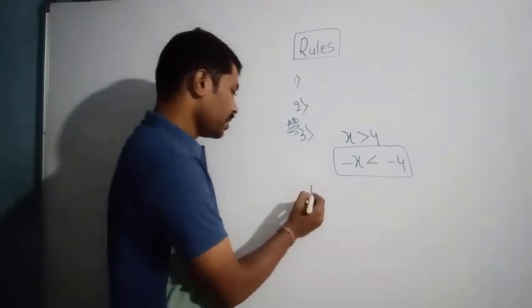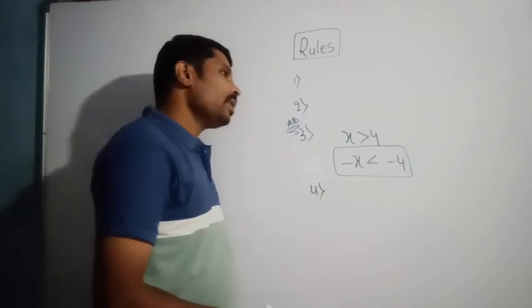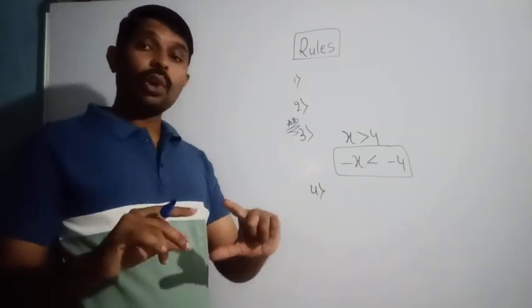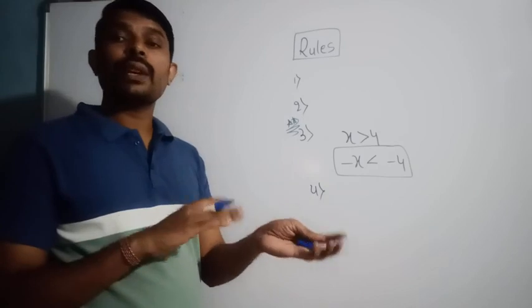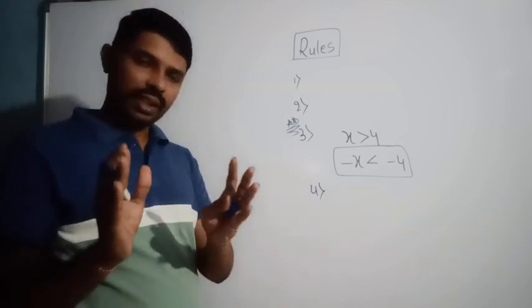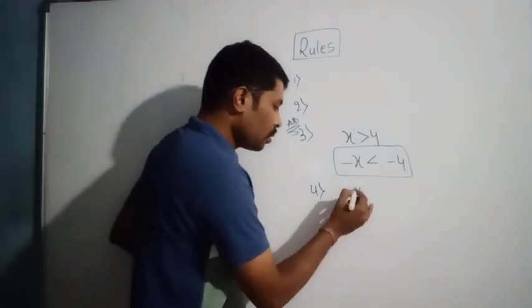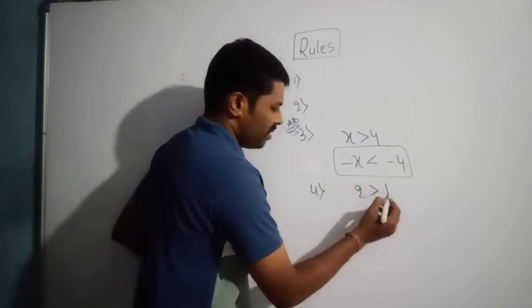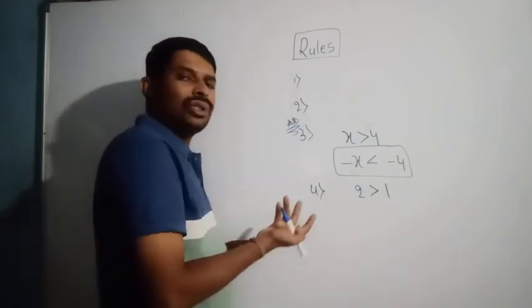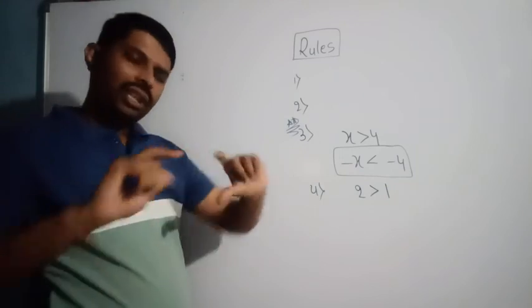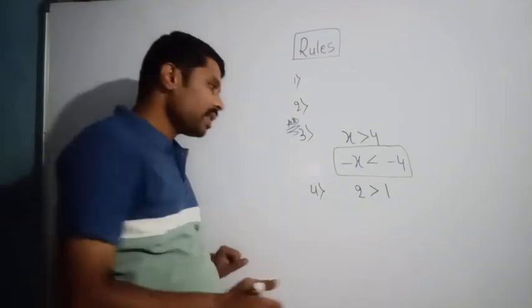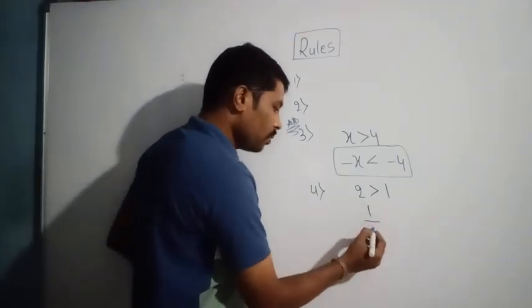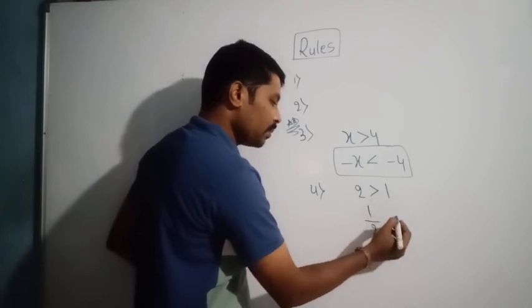Another one, students, whenever you take the reciprocal, the inequality will change. For example, look, 2 is bigger than 1. Everybody knows this. Now I will take the reciprocal. What is a reciprocal? 1 by 2. And the reciprocal of 1 is 1.